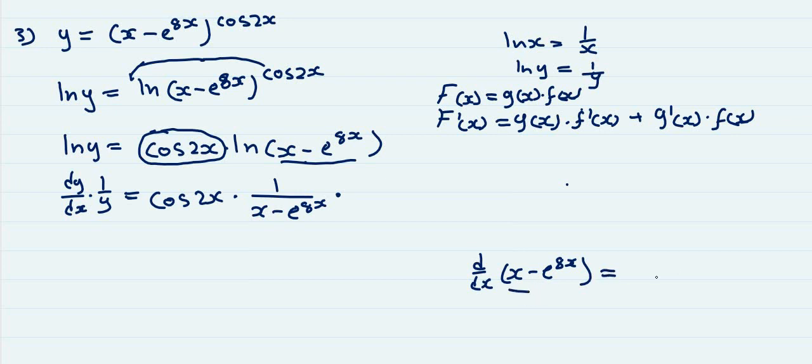The derivative of x is 1, and the derivative of e to the exponent 8x is e to the 8x multiplied by 8. So we have brackets 1 minus 8 e to the exponent 8x.